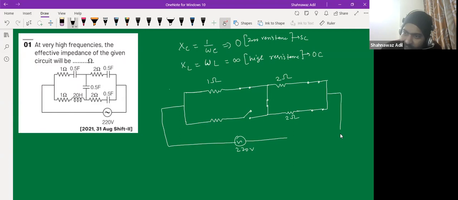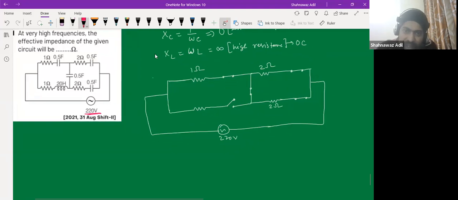And then this is connected to this supply, AC supply. So remember, this is the RMS value. Always remember this is the RMS value. So we have to calculate the effective impedance of the given circuit. So ultimately we have to calculate the resistance, right? So what would be that?